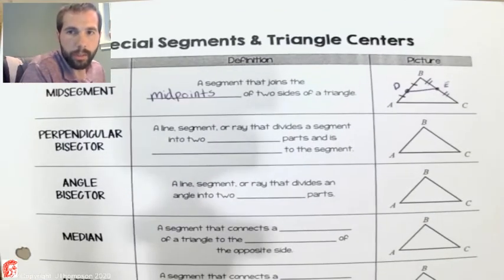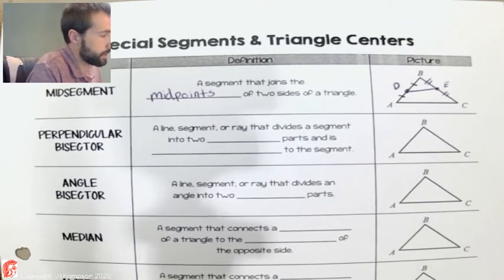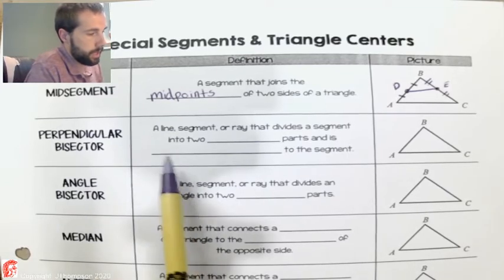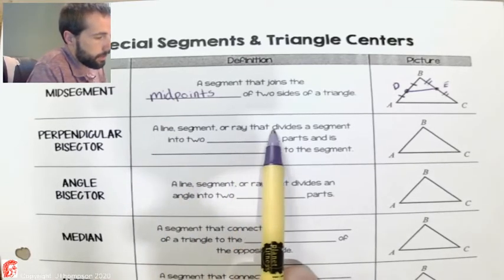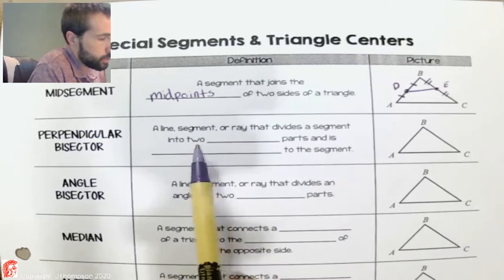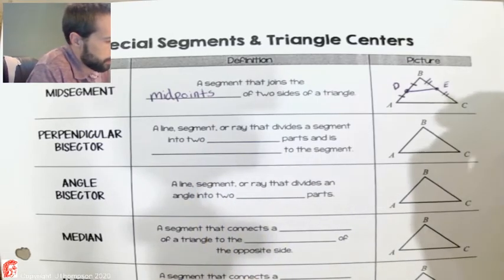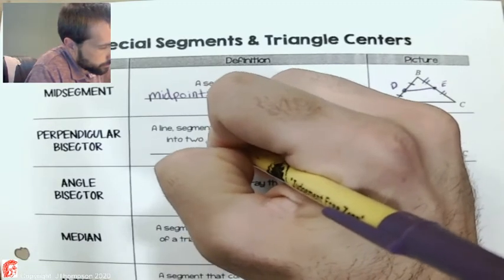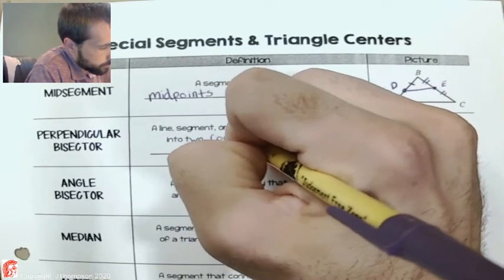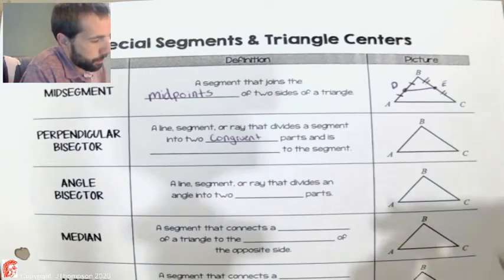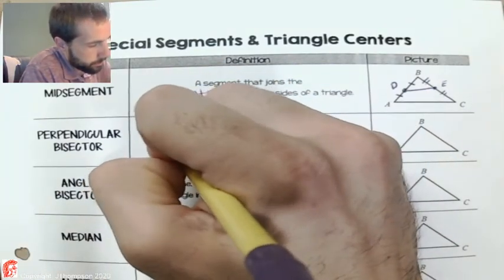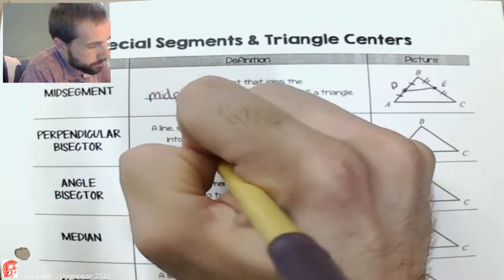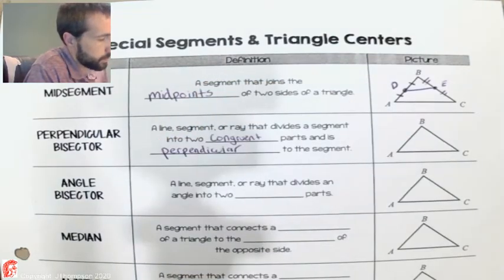Okay, a perpendicular bisector, which is one of the topics we'll talk about today. A line, segment, or ray that divides a segment into two congruent parts and it is perpendicular to that segment. Okay, so it looks something like this.